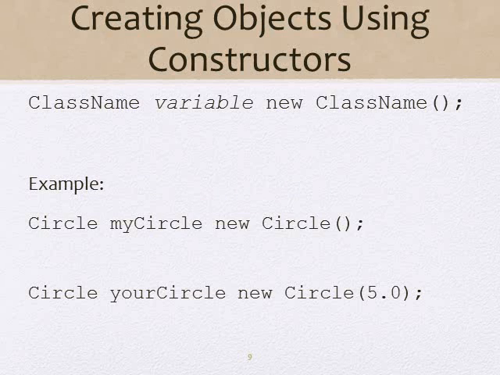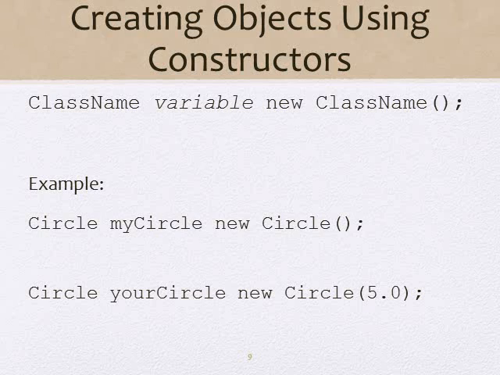I've been using the term construct or create, but the proper term is instantiate. Note, we instantiate a variable of the data type that the class represents, in this case circle. The example shows us using two different constructors.